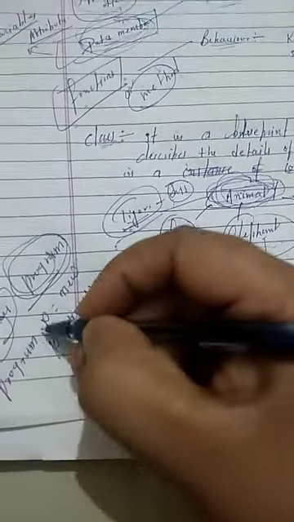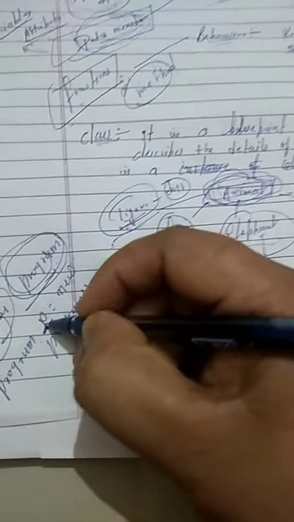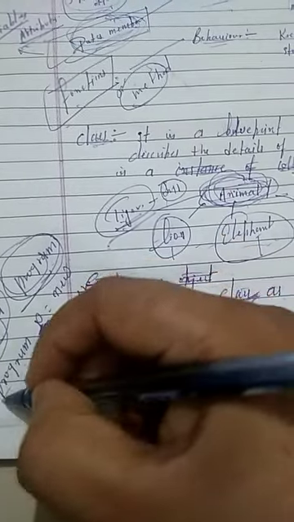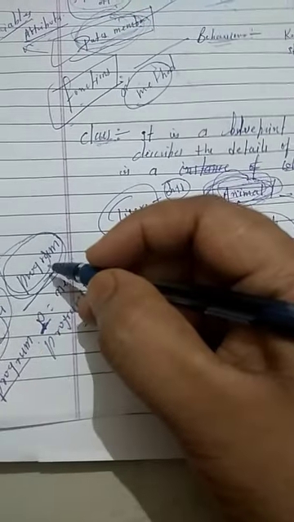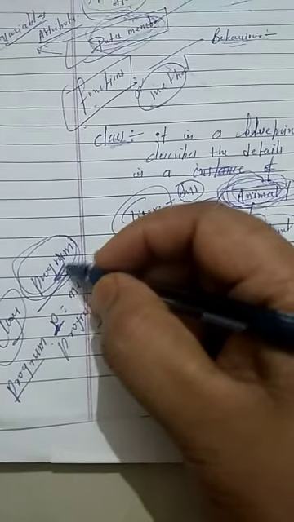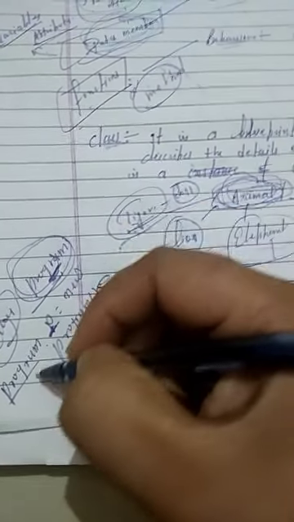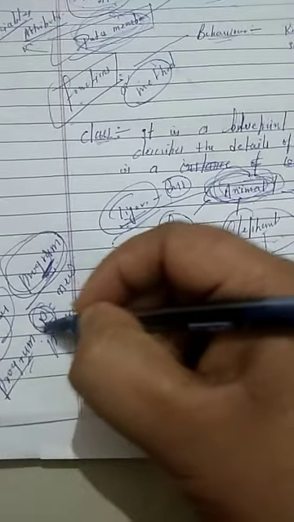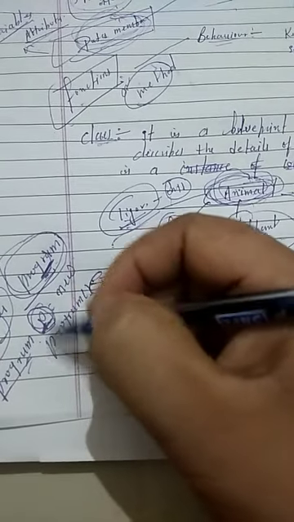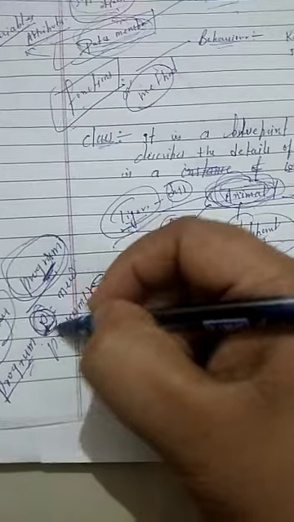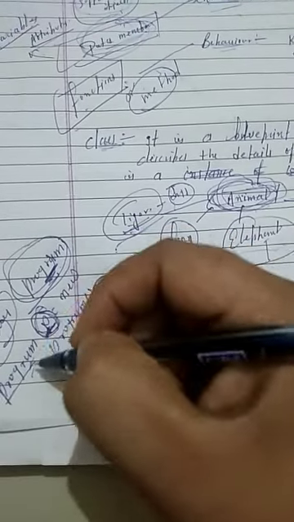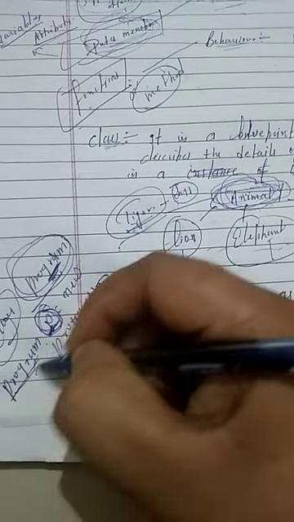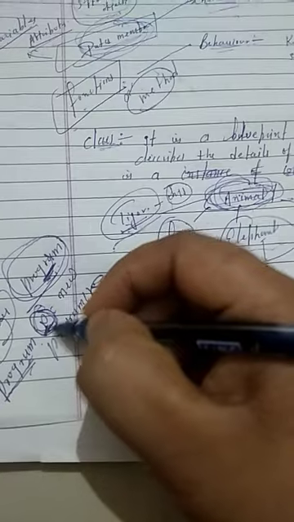Here you can understand this P is the object of the class and this program is the user defined class, but here it acts as a data type because this is the variable also. It allocates memory in the computer, so this acts as a variable. That's why we say class is also known as a user defined data type.